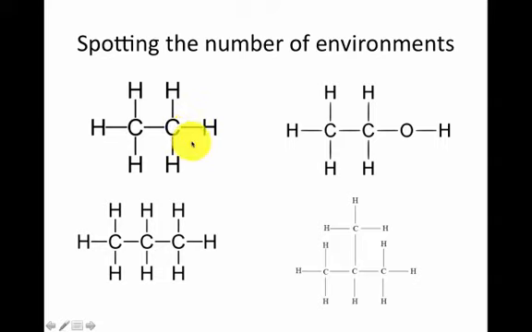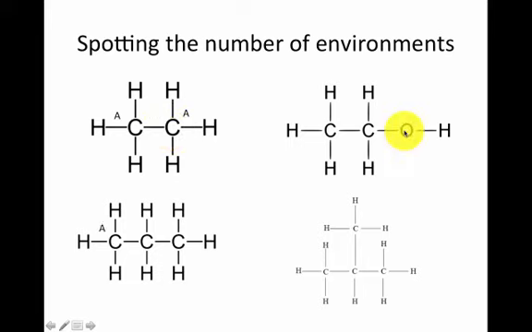So, there's only one environment. We're going to label that environment A, and this is the notation I want you to use every time you are labeling carbon environments or hydrogen environments. Put all of the ones that are the same, give them all the same letter. Write the letter on the molecule just so you're clear. Okay, so we have 2 carbons, environment A.